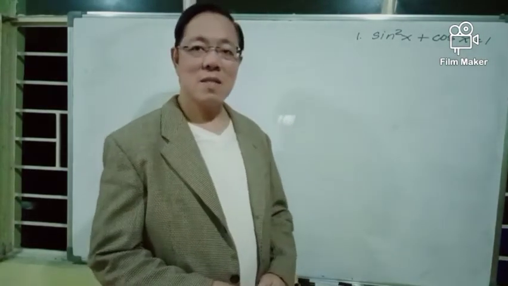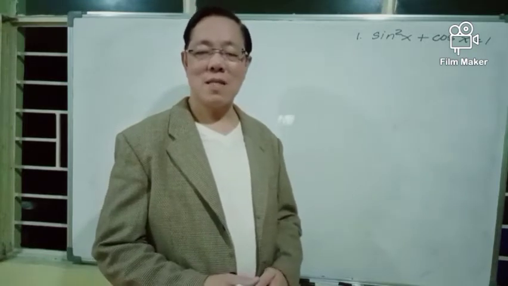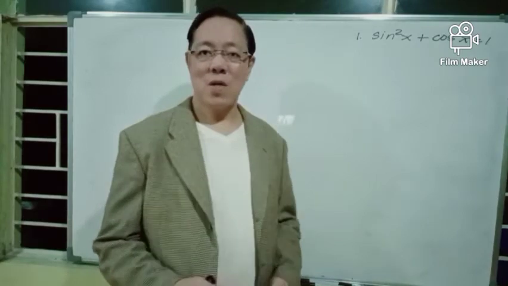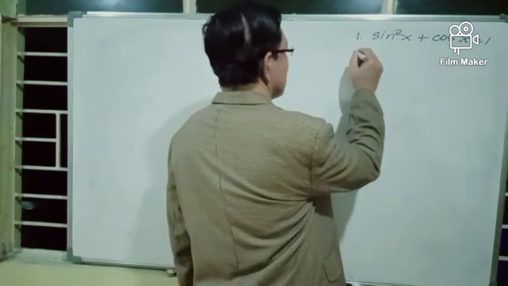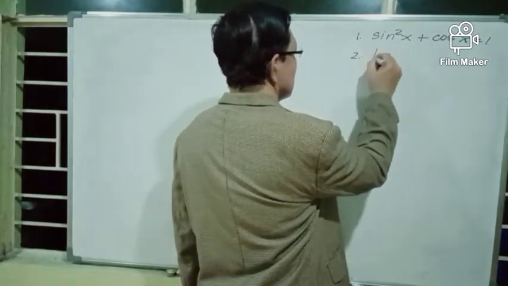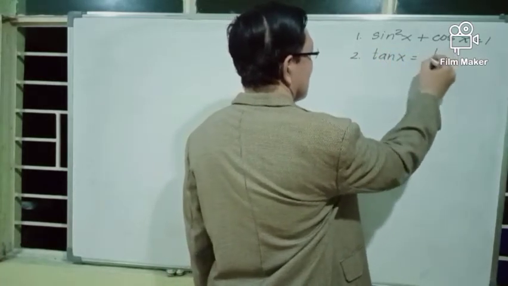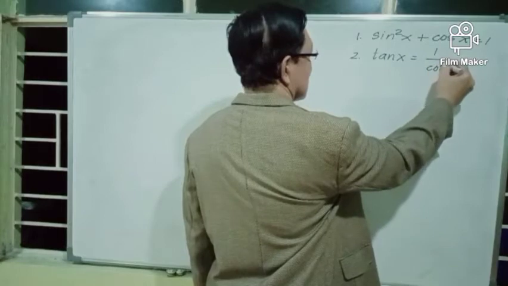Now, the next is the reciprocal identity. Tangent is the reciprocal of cotangent. Tangent x equals 1 over cotangent x.